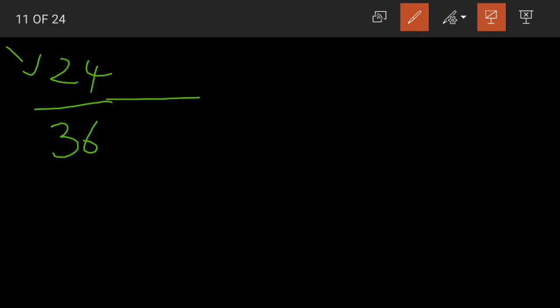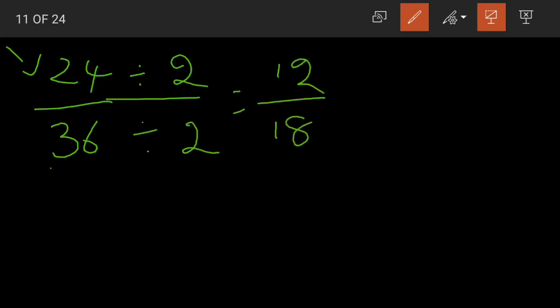Yes, we have the two table. 24 divided by 2 becomes 12 and 36 divided by 2 becomes 18. Yes students, so here I have a common factor which will exactly divide both the numerator and denominator. So I am going for division. 24 by 2 becomes 12 and 36 by 2 becomes 18.